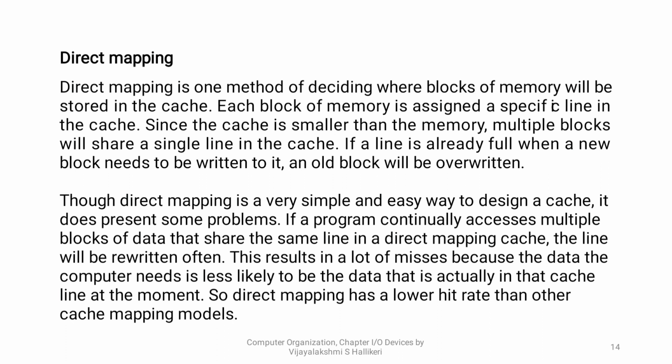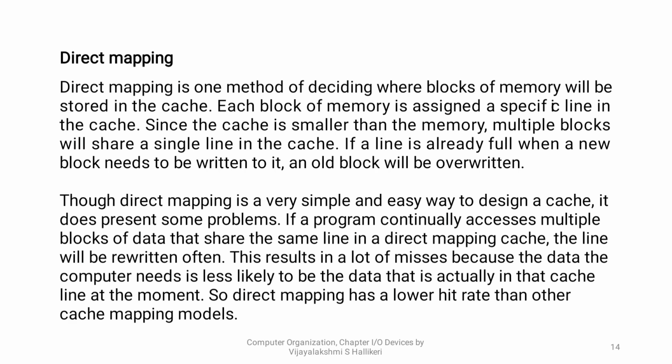Hit means the word the processor requests is available in cache. If it is not available, that is a miss. In case of a miss, the cache line should be overwritten with the new main memory block. So though direct mapping is the simplest one, it has this disadvantage of rewriting many times because of many misses.